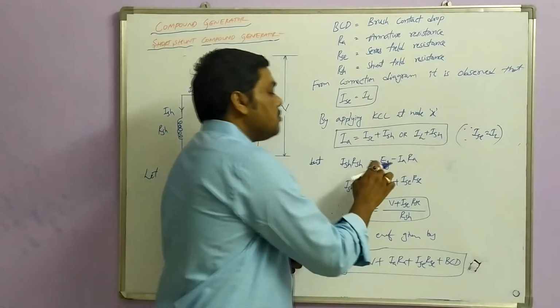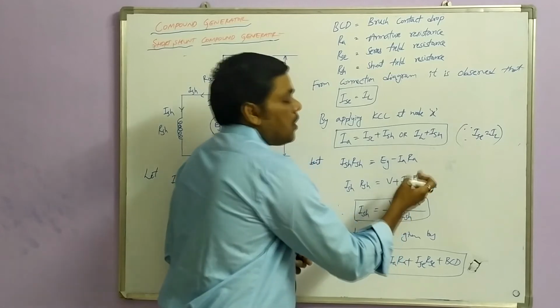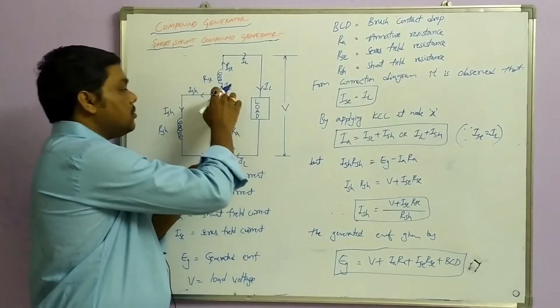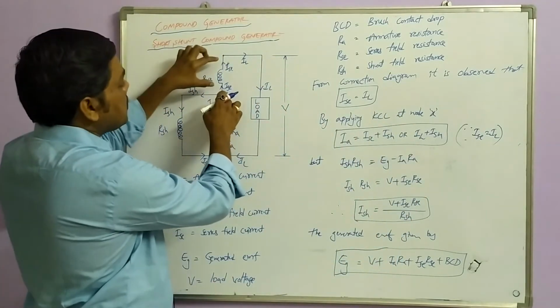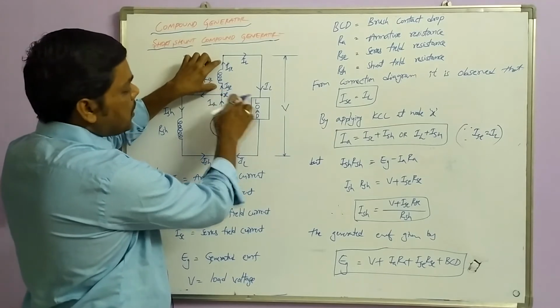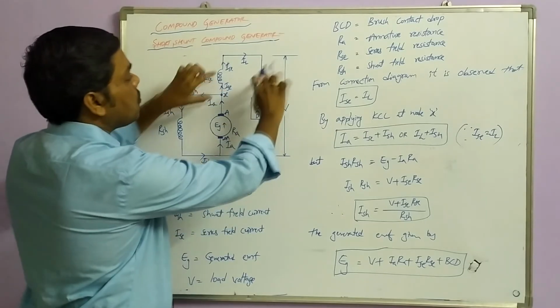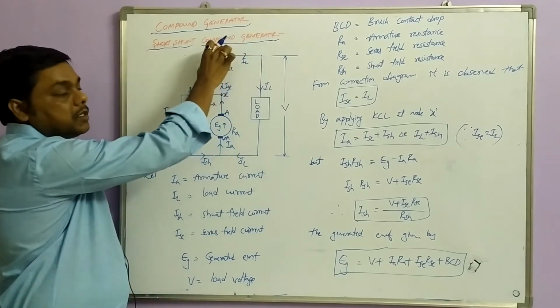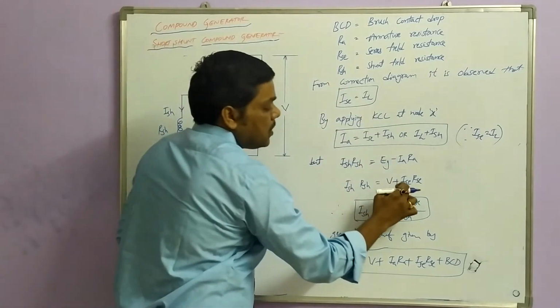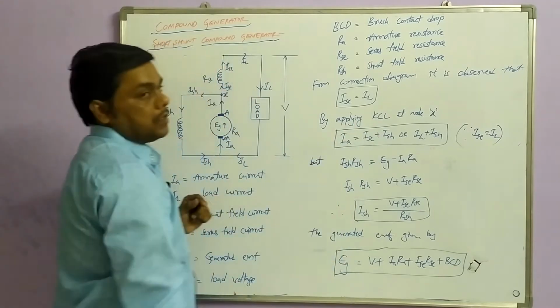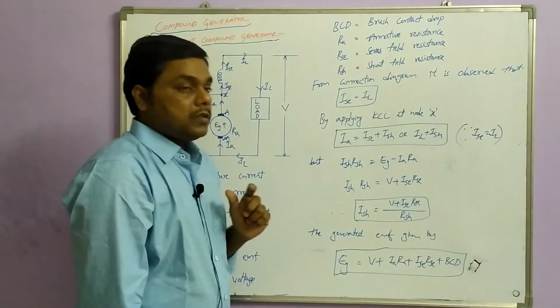So Eg minus Ia Ra can also be written as the drop in the series winding plus the load voltage, that is V plus Isc into Rsc. Now listen carefully.